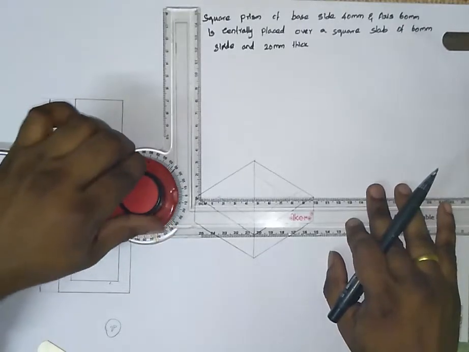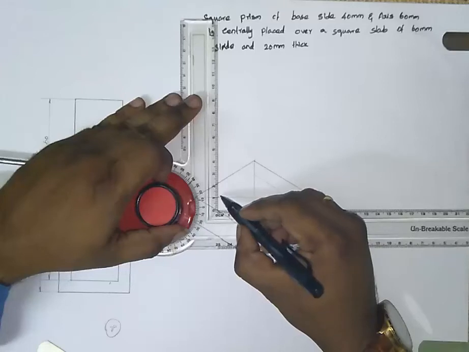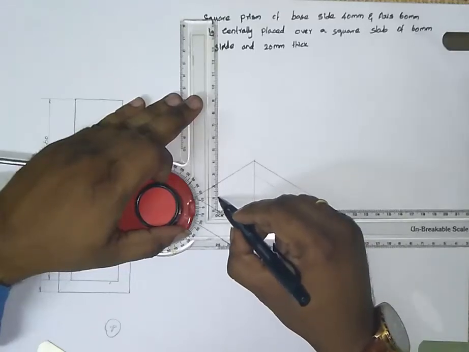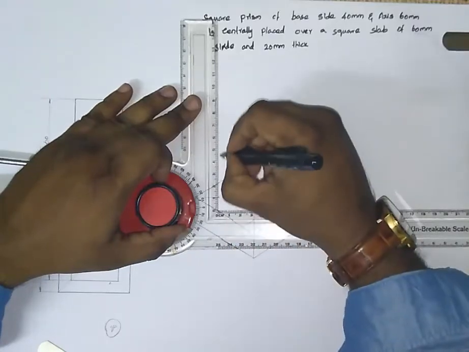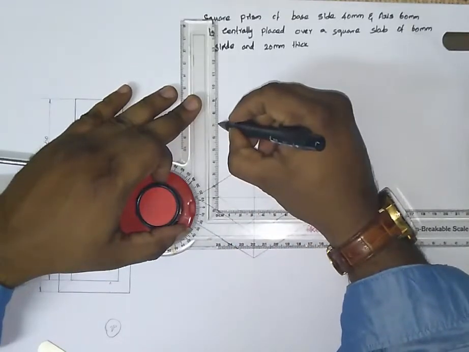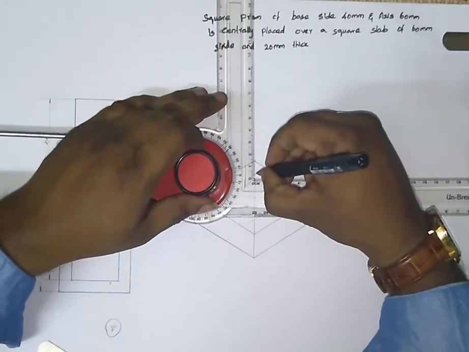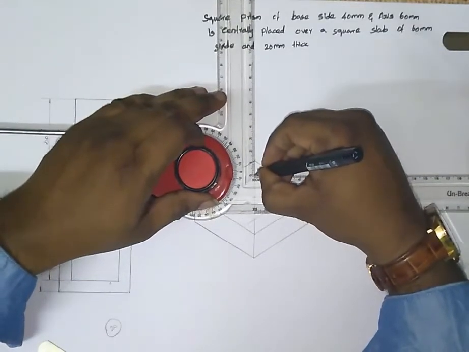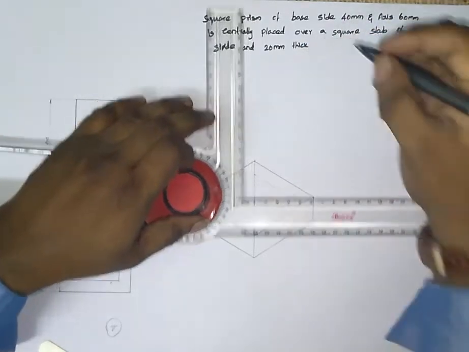Now you have to draw the height of the square prism from all these corners. The height of the square prism is equal to 60 mm. From this point, make a 60 mm point here, and from this point measure 60 mm and keep a point here.